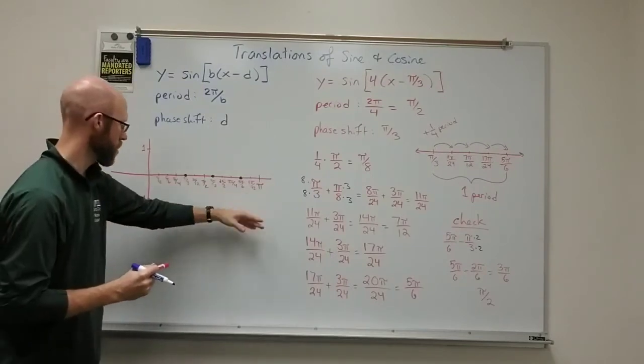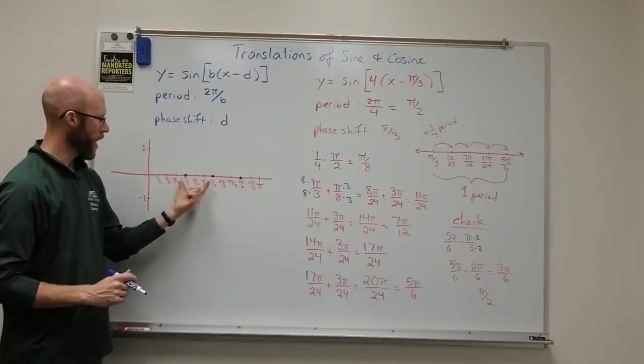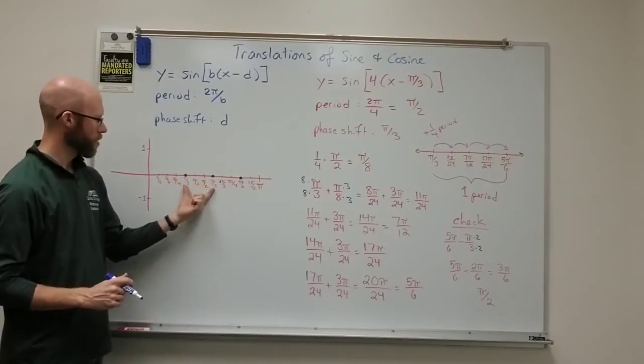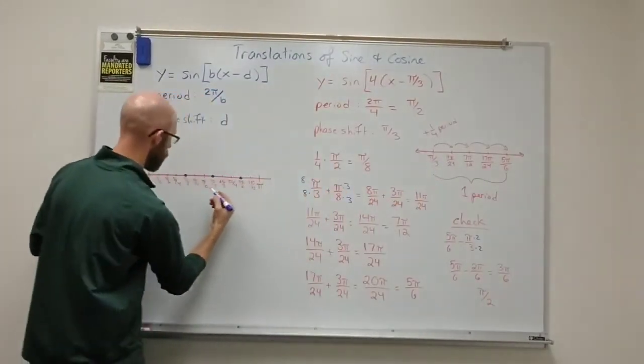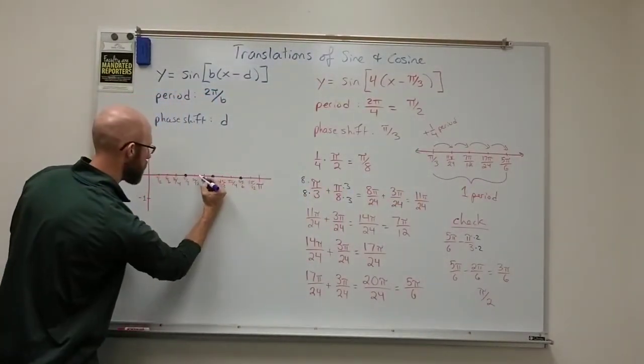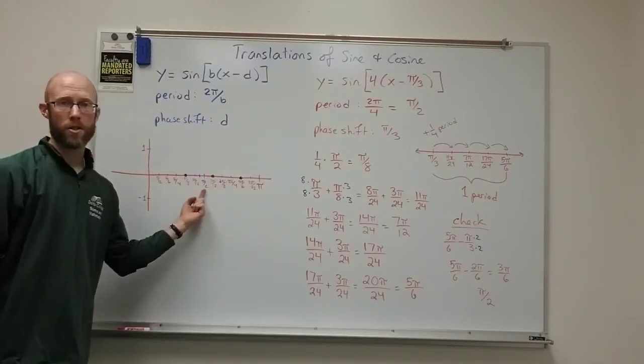Okay, I don't need my stars there, I've got those marked. Then my halfway point. Well, halfway between the first 2 will be 11 pi over 24. I'm going to put that mark. It ends up being halfway between 5 pi over 12 and pi over 2 as well.